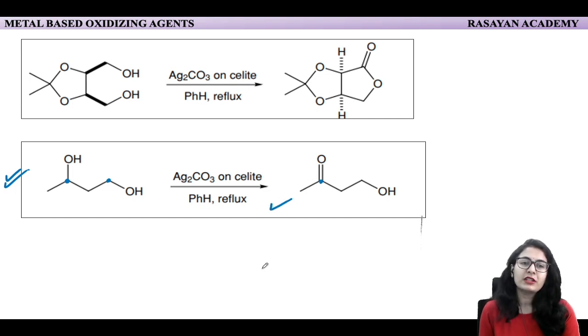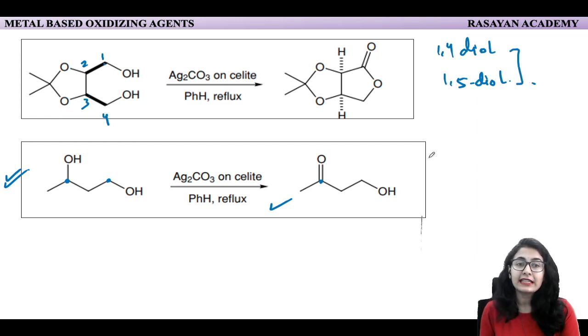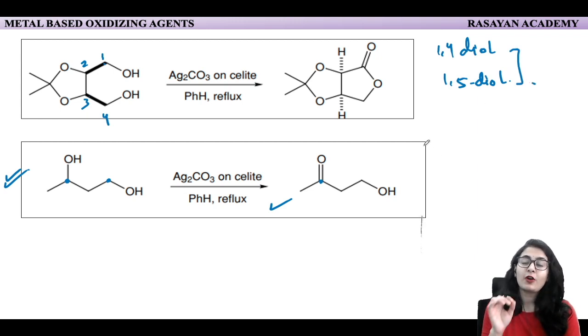One more very important thing, if the diols are on the 1,2,3,4 position, if the diol is at 1,4 or 1,5 position, 1,4 diol or 1,5 diol, if the position of the diols is like this, then after oxidation it's absolutely going to cyclize.